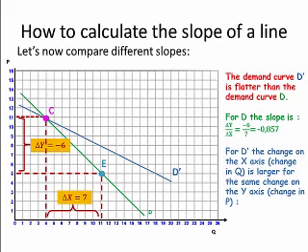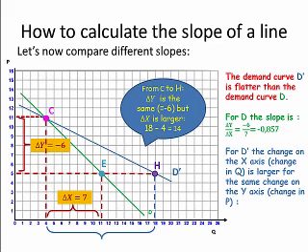For D accent, the change on the x-axis, the change in Q, is larger for the same change on the y-axis, or a change in P. At the price level of 5, the quantity on D accent at point H is 18. That's from C to H.